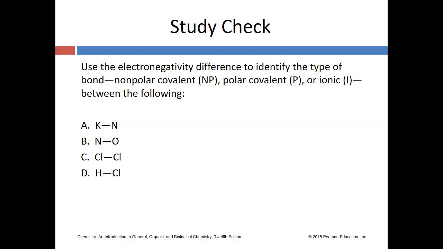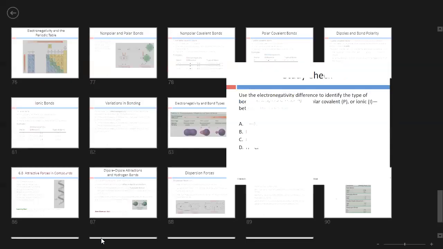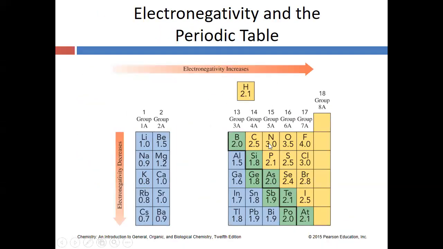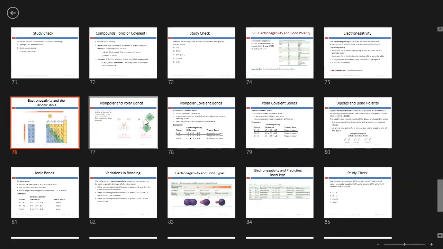Using electronegativity difference, let's try to identify these bonds into the three categories: nonpolar, polar, or ionic. To do this, we're going to have to consult that electronegativity chart. Potassium is 0.8, nitrogen is 3.